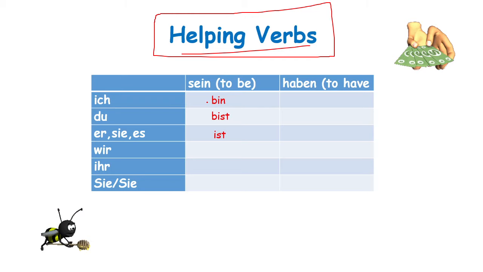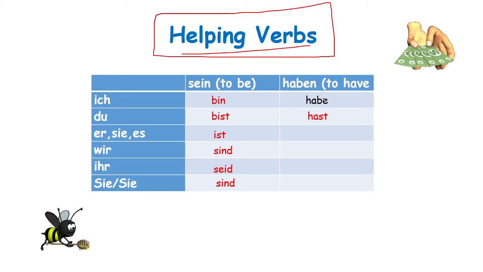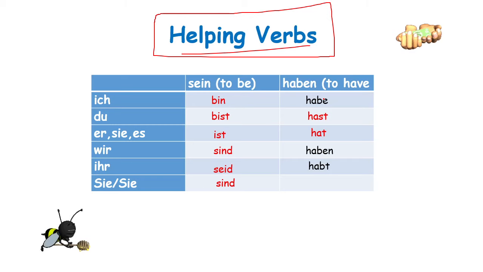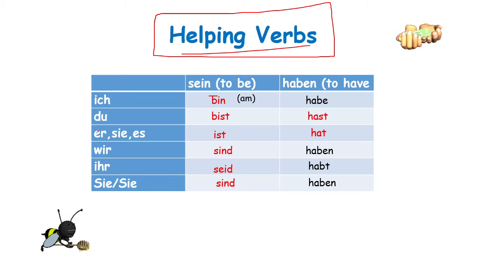Ich bin, du bist, er ist, wir sind, ihr seid, sie sind. Ich habe, du hast, er hat, wir haben. As you see, they are not following the same pattern as a regular verb, so we need to learn them. Ich bin means I am, du bist you are, er ist he is, and wir sind we are.